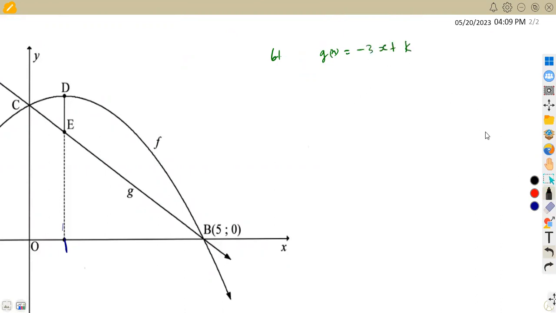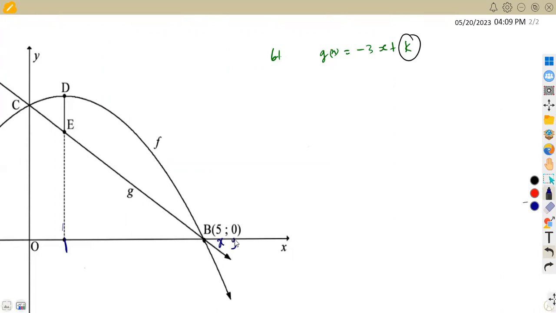So k here represents the y-intercept, which is the y value that you can obtain by substituting any point that you're given, as long as it is on line BC. From the line BC, we are given the point B, which is at (5; 0). So you can take the point B at (5; 0).